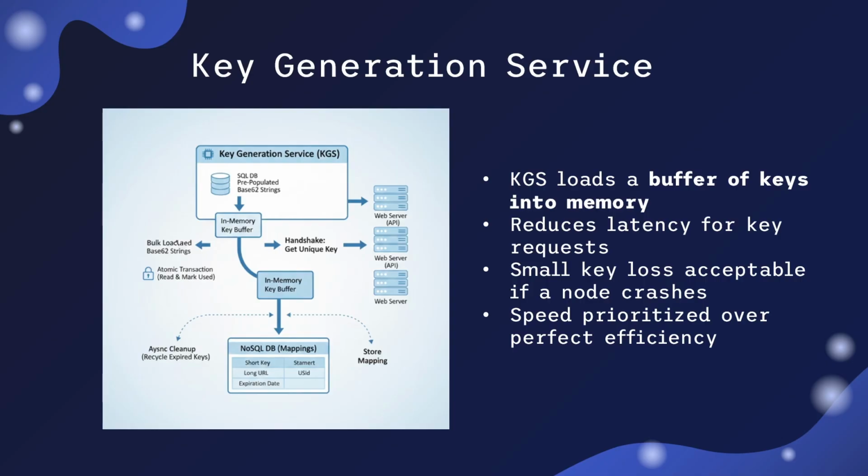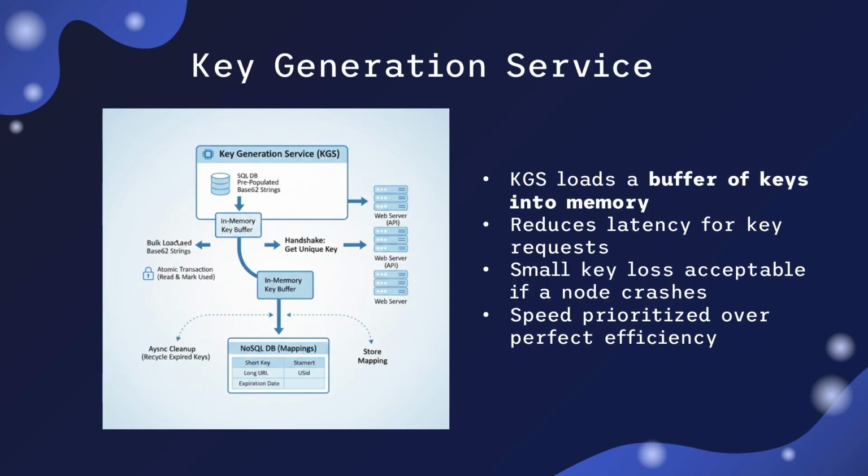When our servers need a key, they fetch it from the key generation service. Because we use SQL atomic transactions and locking, we ensure that once a key is read, it's marked as used immediately. This prevents two different users from getting the same short link at the exact same time.